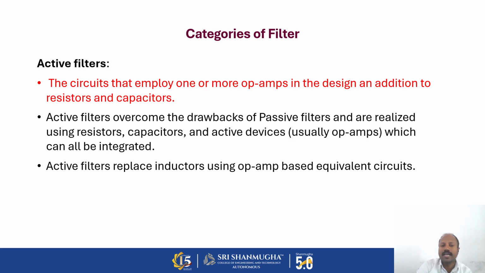Active filters overcome the drawbacks of passive filters and are realized using resistors, capacitors, and active devices, which can all be integrated to form an active filter. Active filters replace inductors using op-amp based equivalent circuits, so that we overcome the drawback faced by the passive filters.